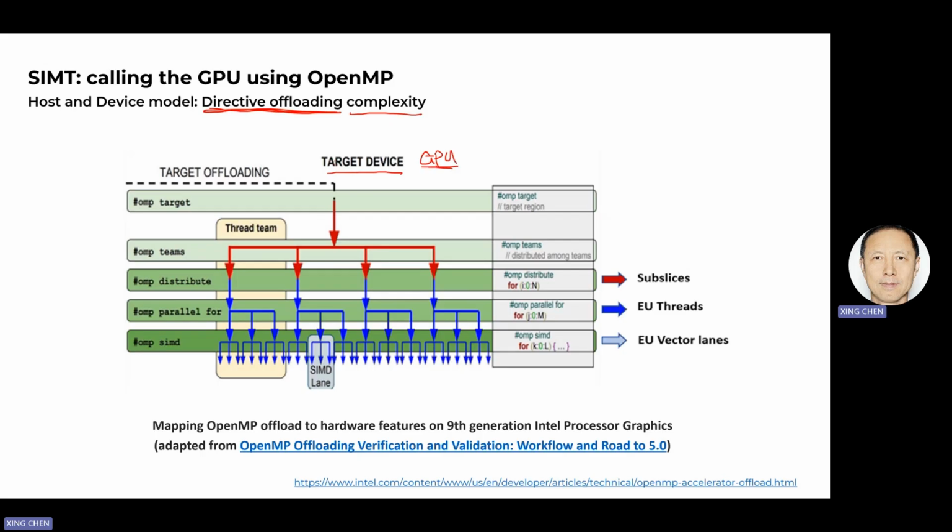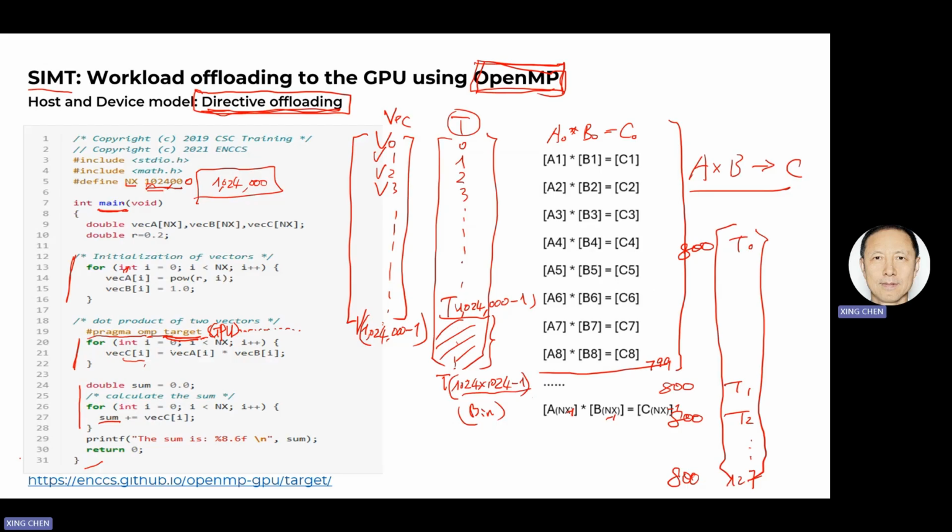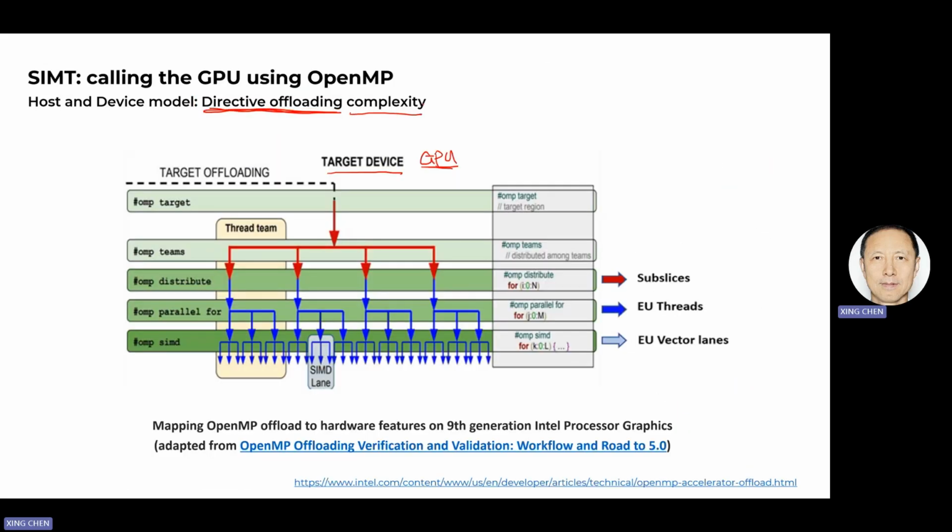And we have seen this target keyword here in this directive. Basically, that means GPU. So you offload to the GPU. Target offloading is here, and OpenMP target means that you are going to offload this workload to the GPU.